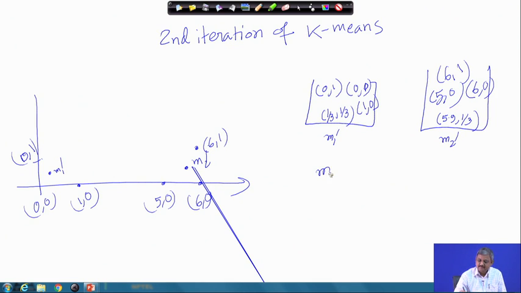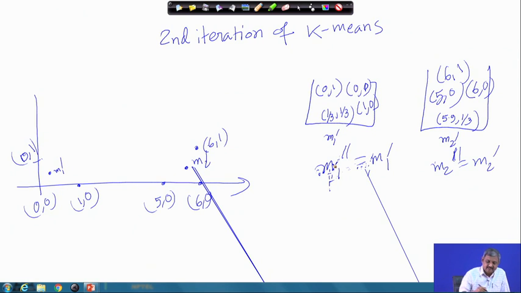So, what is M2 prime? Sorry, M1 double prime, I made a mistake. M1 double prime is the same as M1 prime, because these points are the same. Again, if you calculate the mean, you will get M2 double prime is M2 prime. So, over 2 iterations the seeds have not shifted. Now, you stop. So, your final clusters are this one cluster and this one cluster.